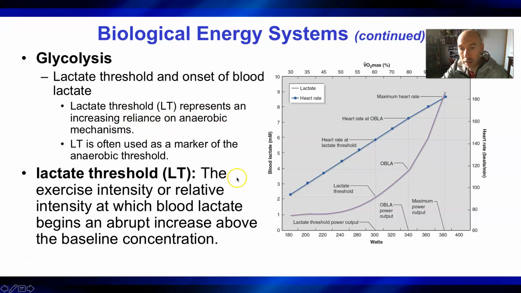So if you notice here, this line here indicates the concentration of lactate. And then down on this axis, the x-axis, we have exercise intensity. So at lower exercise intensities, lactate does not really increase much. Resting lactate levels are usually around 1 millimole per liter.